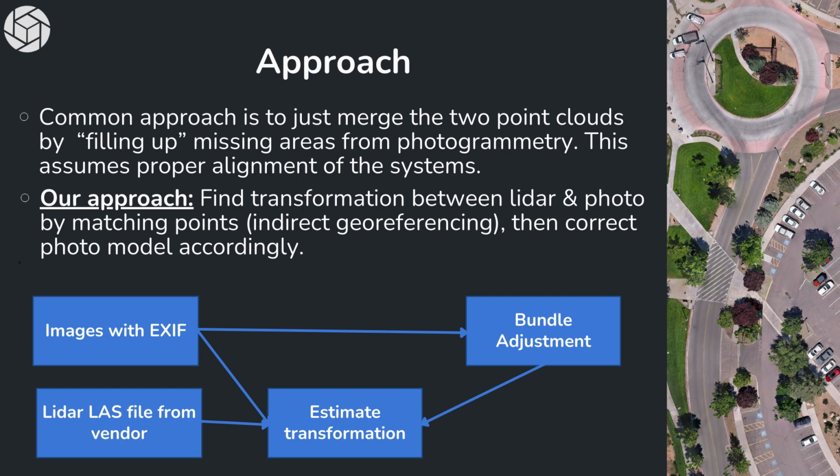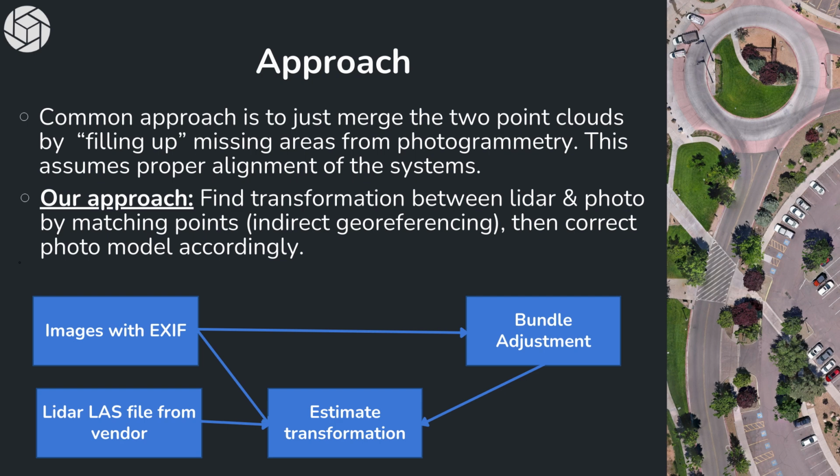So when we look at how others combine these two data sources, a common approach is that they just fill up missing areas of the LiDAR point cloud from photogrammetry. So this assumes proper alignment of the systems.